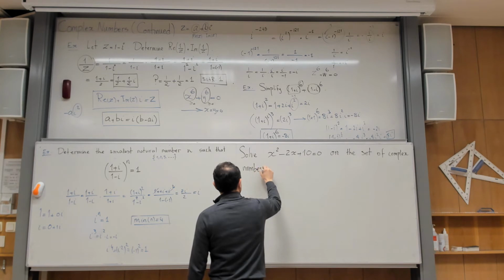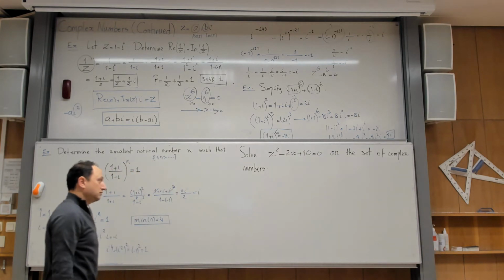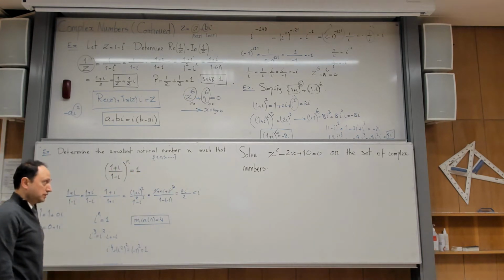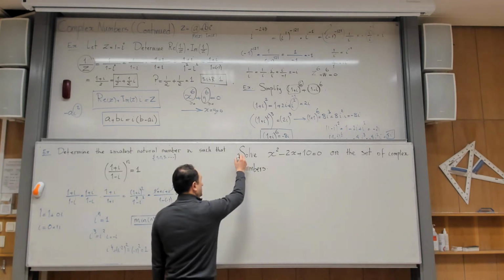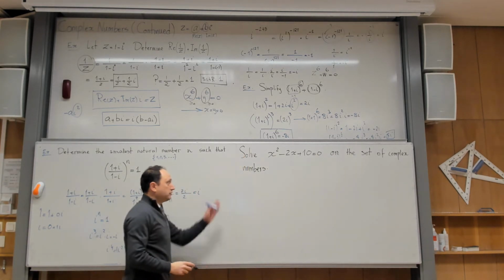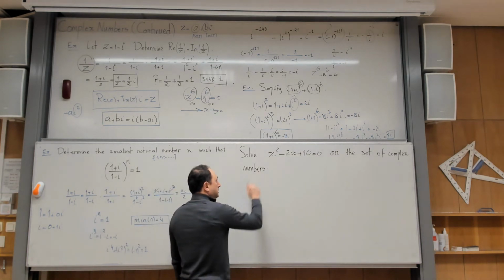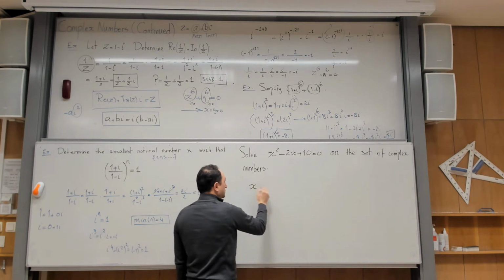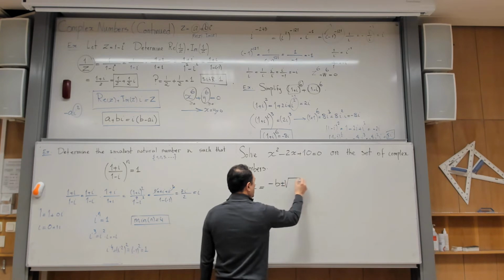Now, this is exactly the problem that you had in Math 2C. They gave you a quadratic equation, and then you're supposed to solve and find its complex solutions if there are no real solutions. Okay, so if I want to solve this, I use the ABC formula, yes? So what should I do? I would write x is equal to minus b plus or minus square root of b squared, divided by 2a.